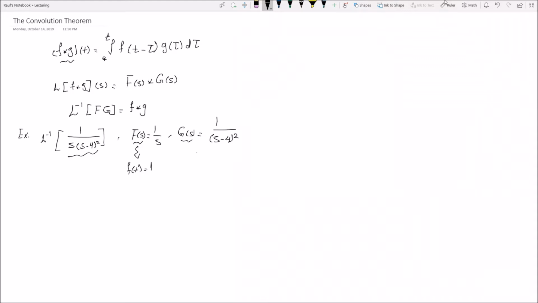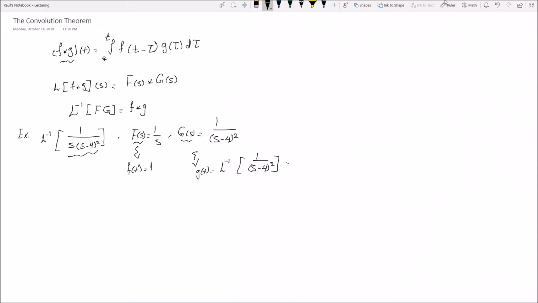And if we want to have it for g of t, it's going to be a little bit longer than the first one. So we're trying to get the Laplace inverse for 1 over (s minus 4) all squared.